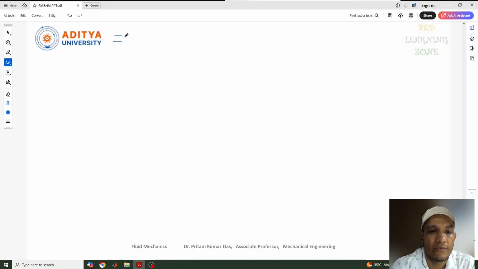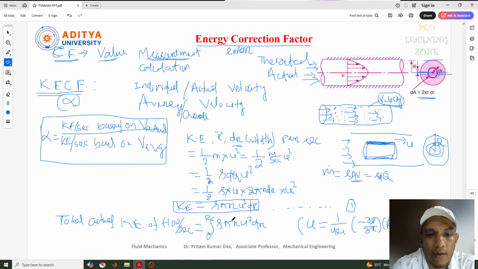Now let me write this value, integration 0 to r, and here I can write pi rho r into u cube.